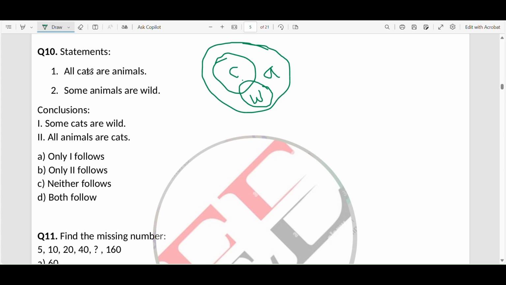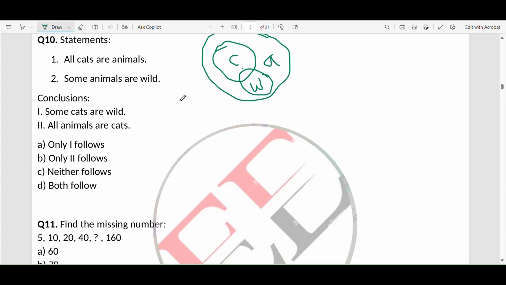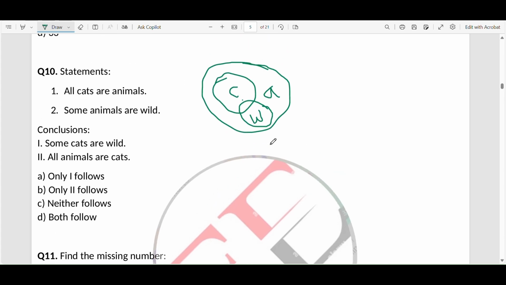In the first statement, all cats are animals, so every cat is inside the animals circle. Some animals are wild, so inside animals we have cats also, and cats is also included in wild. This is the correct Venn diagram for these two statements.